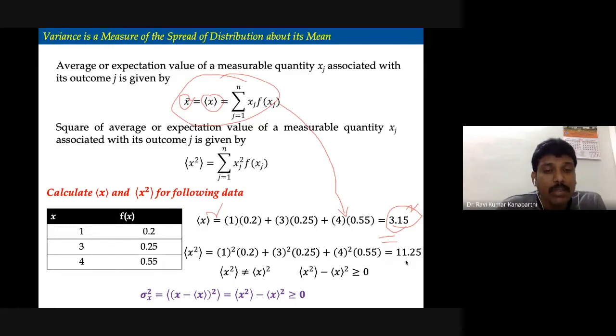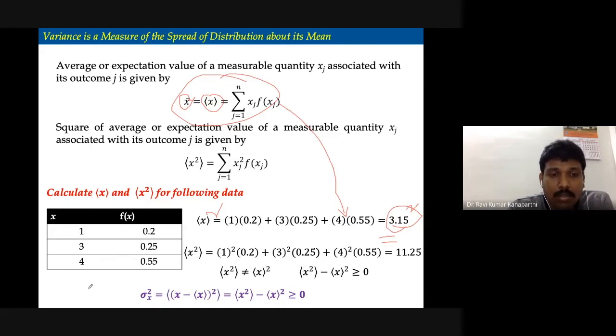Similarly, we can also have the variance. What is variance? Variance is x minus the expectation value or the average value, to be precise. It is a measure of the spread of the distribution about its mean or average.